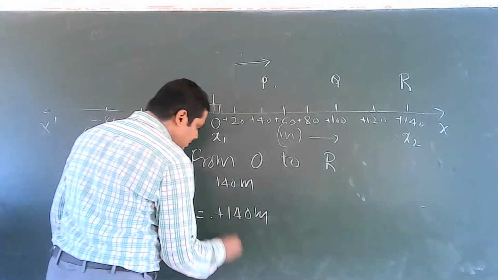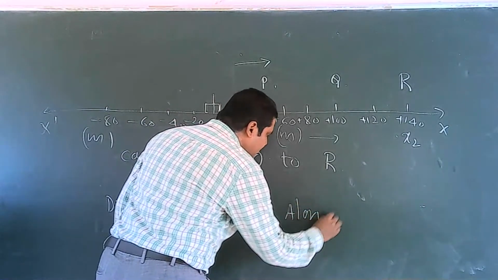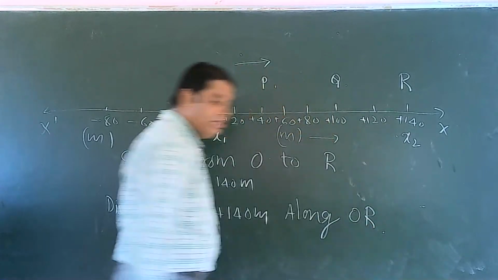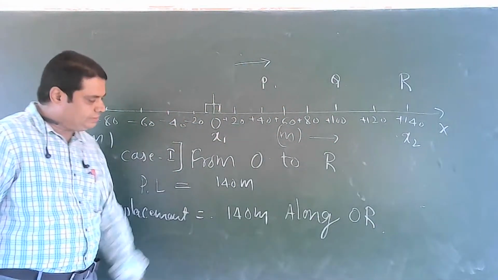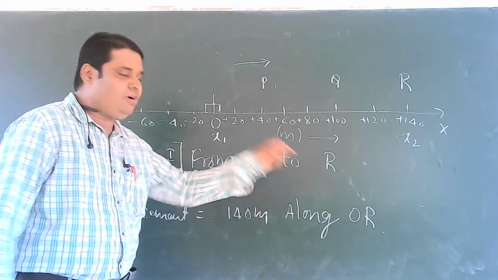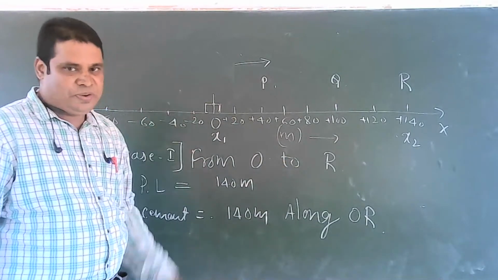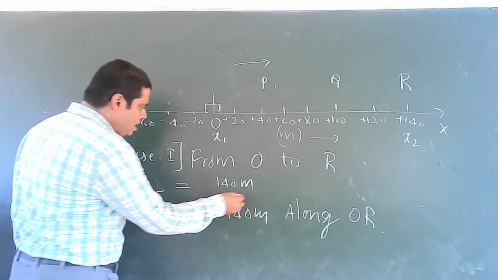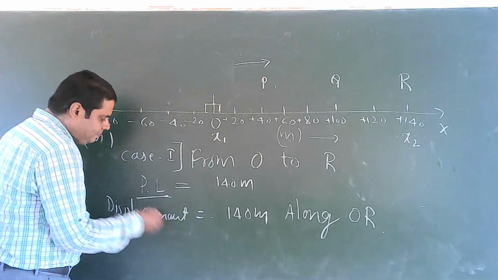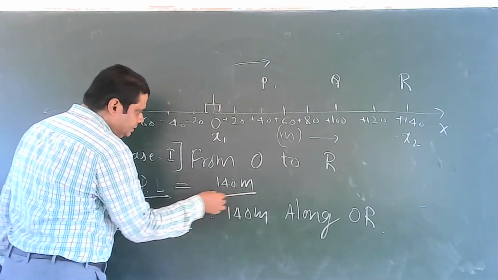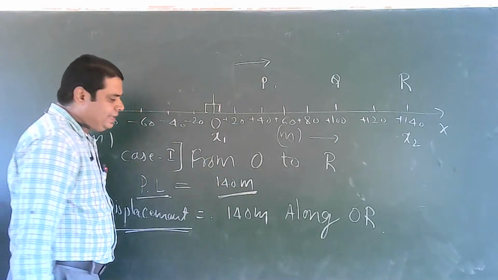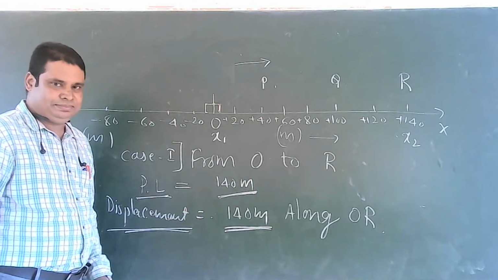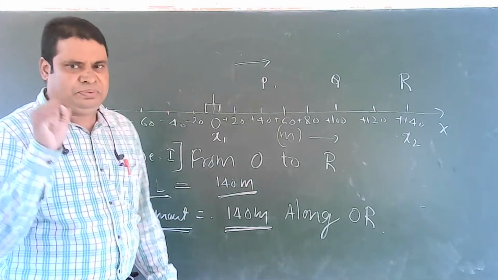Or you can write along OR. Definitely you can mention direction. Hope you understand. And one more thing, please note that here path length is equal to displacement. This path length is equal to the magnitude of displacement. Both are same.